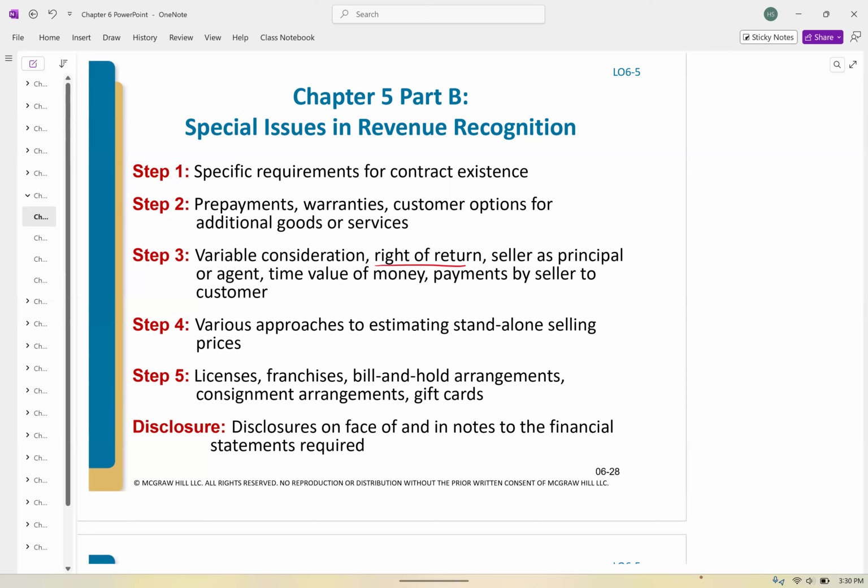If you have a good standalone price, that makes it a lot easier to divide that out and come up with a percentage. But you might have one that is so closely tied together, there's no way to separate them. Could be license franchises, bill and hold arrangements, consignment arrangements, and gift cards.